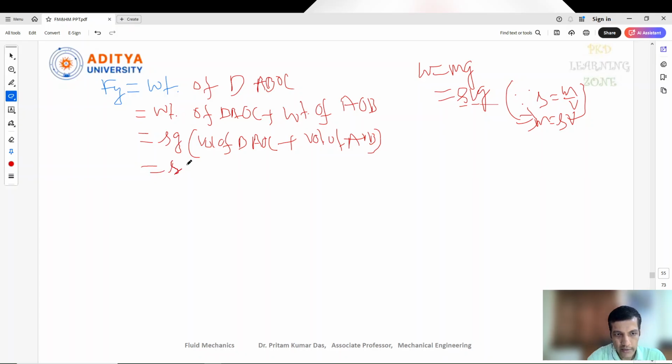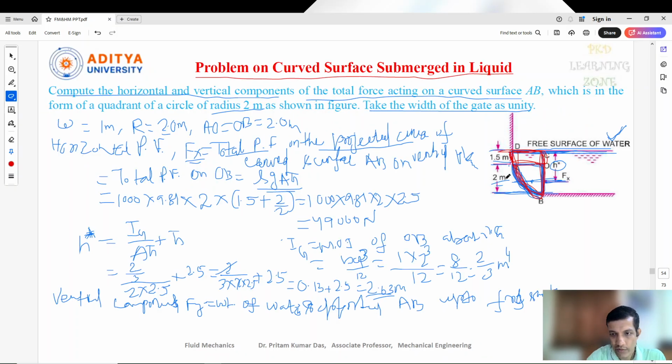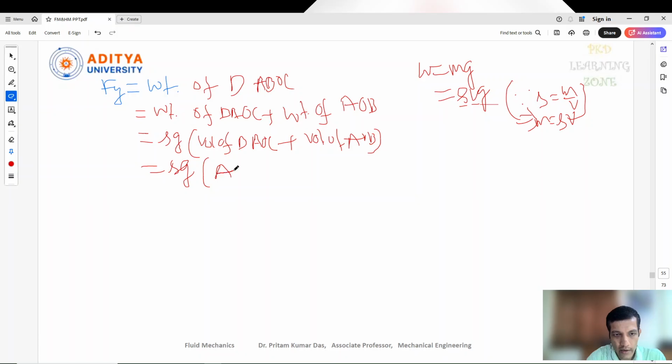So we can write rho g times the volume of this one. We need to check how much it is: AD height and this length AO, into the width. This is one side.